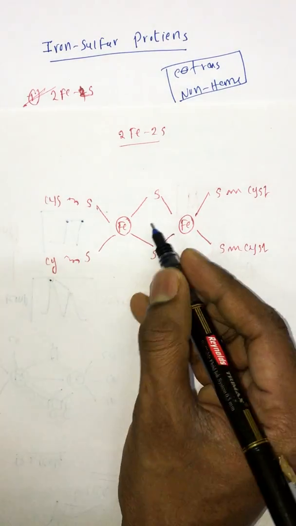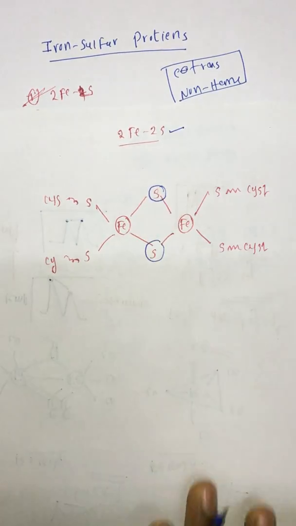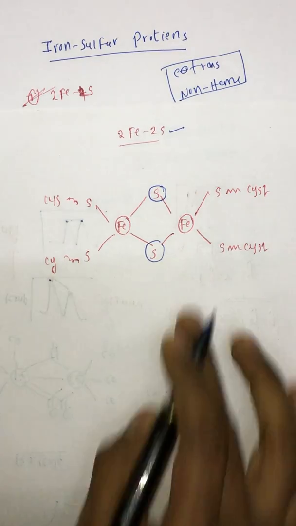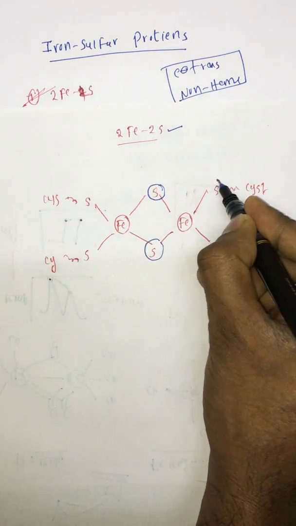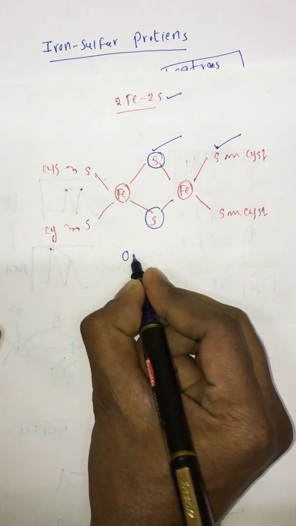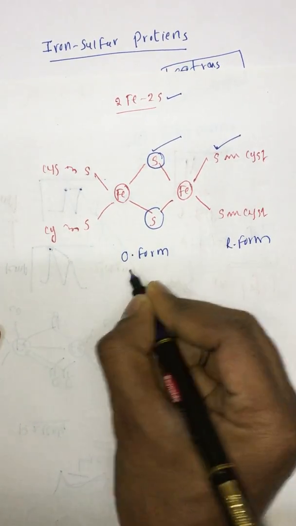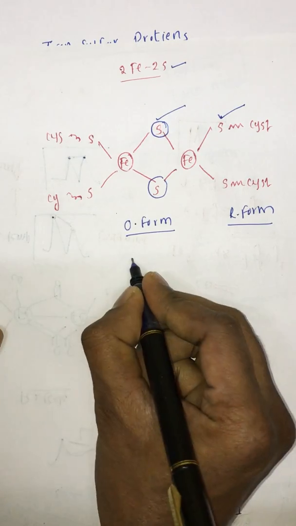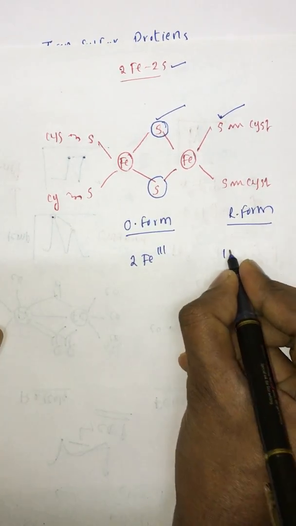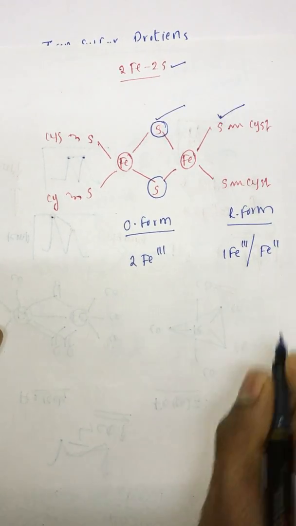It's very important to remember that two bridging sulfurs are present in the 2Fe, 2 sulfur unit, and each iron atom is attached to 2 labile cysteine. So this is labile sulfur, this is the bridging sulfur. In oxidized form, both irons are present in a +3 oxidation state. In reduced form, one iron is present in +3 and another iron is present in +2.